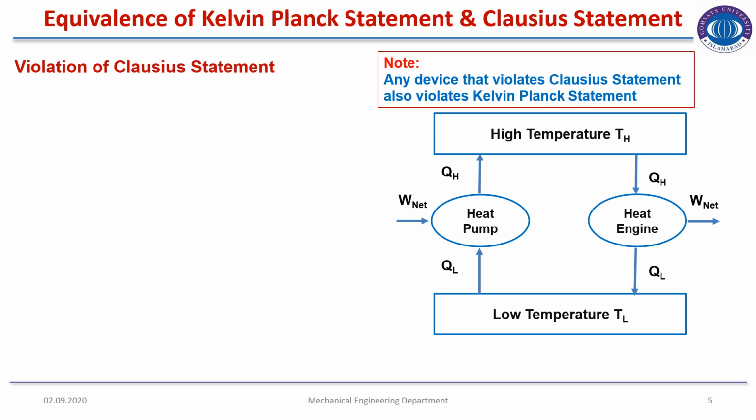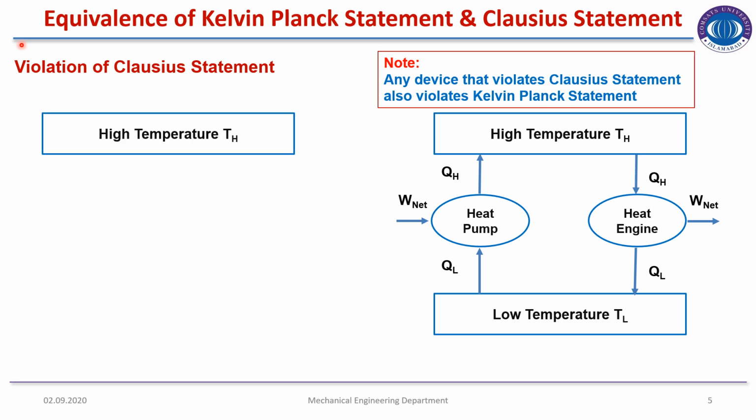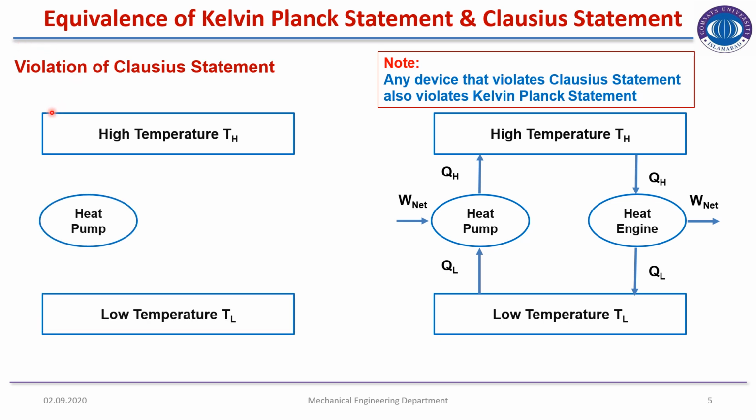Now violation of Clausius statement. In the previous slide we discussed the violation of Kelvin Planck statement, and now we will discuss the violation of Clausius statement. So we have two thermal energy reservoirs: one at high temperature TH, and one at lower temperature TL, and we have a heat pump.